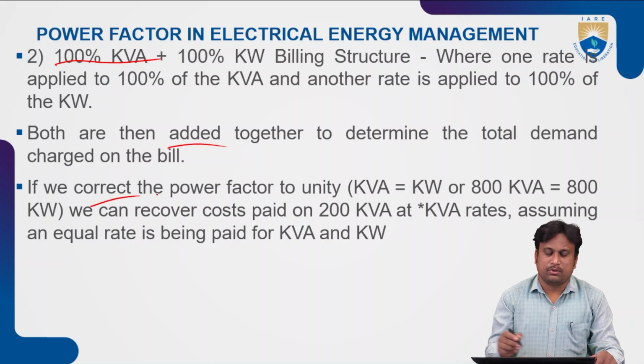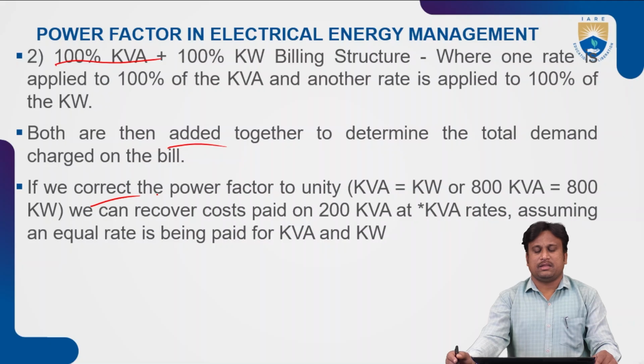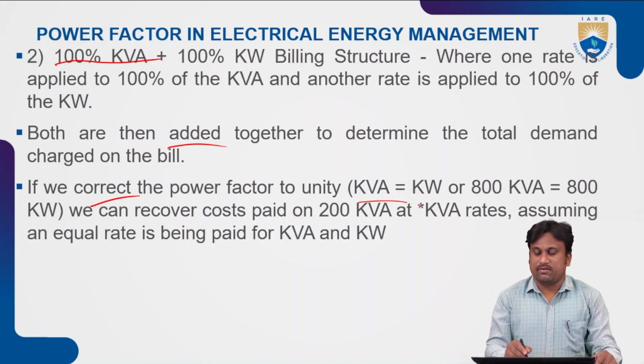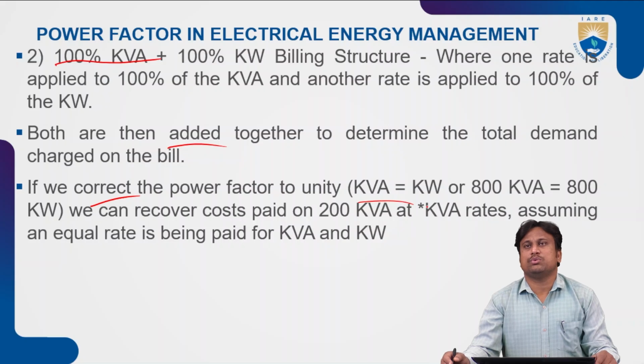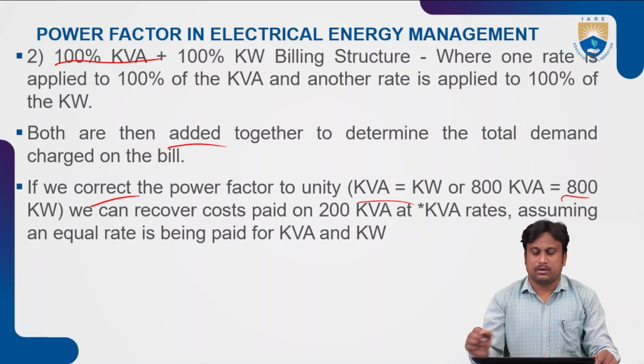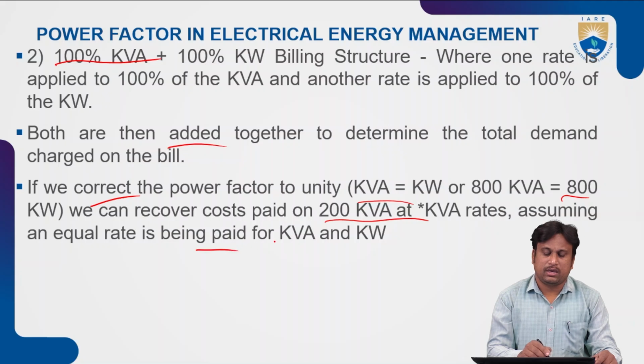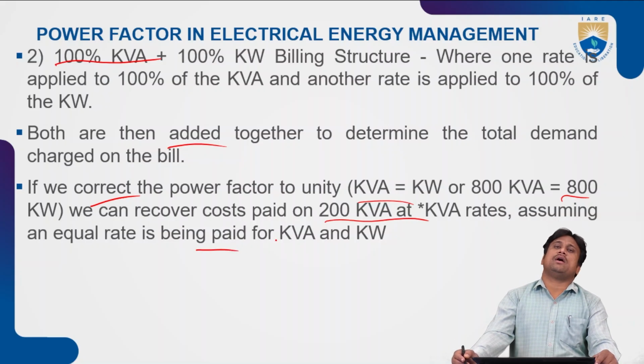So if we correct the power factor to unity, then the kVA required becomes equal to the kilowatts, or 800 kVA, which equals 800 kilowatts. So we can recover the costs paid on 200 kVA, assuming the kVA rate and the kilowatt rate are equal, and this rate is paid for both kVA and kilowatts.